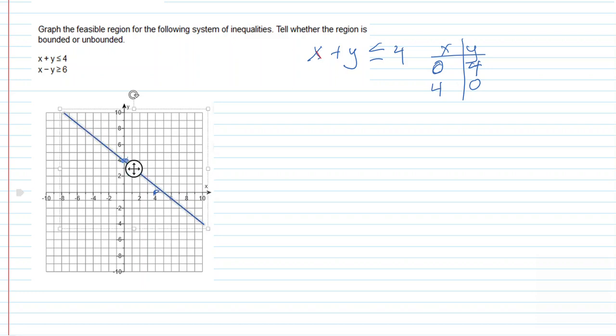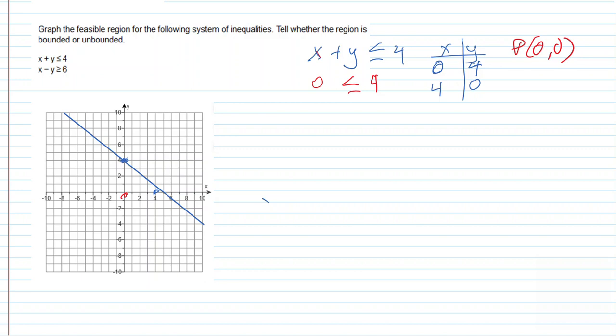All right. Okay, now we're going to test our point. And we're testing with 0, 0, because it's obvious it's there. And we either shade where it is or not shade where it is. This is a solid line, so 0 is less than or equal to 4, and it is true.